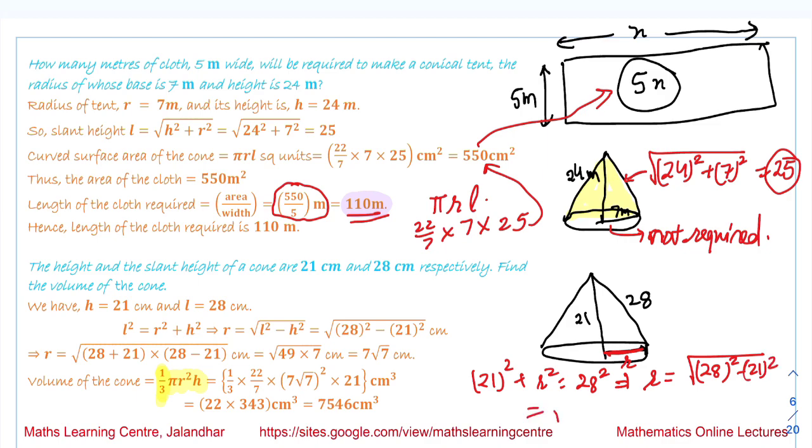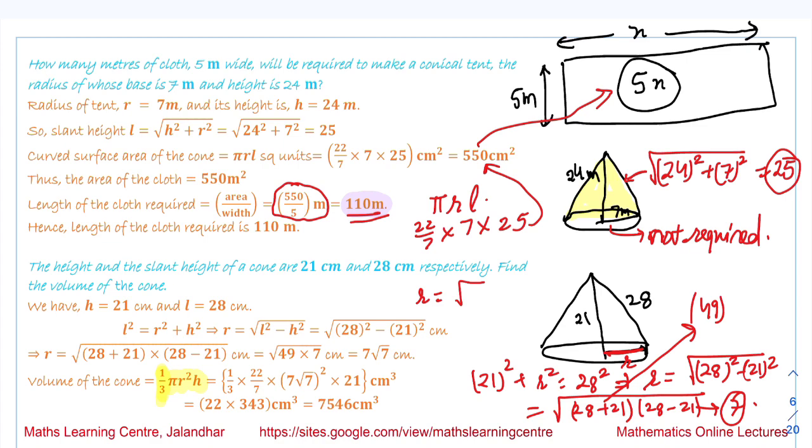So it is a square minus b square, so we get square root of (28 plus 21) into (28 minus 21). So 28 plus 21 is 49 and this value is 7. So the value of r is square root of 49 into 7, which is equal to 7 root 7 centimeters.